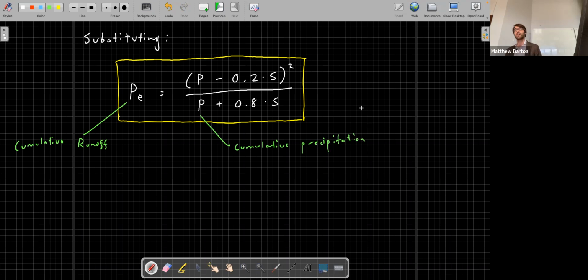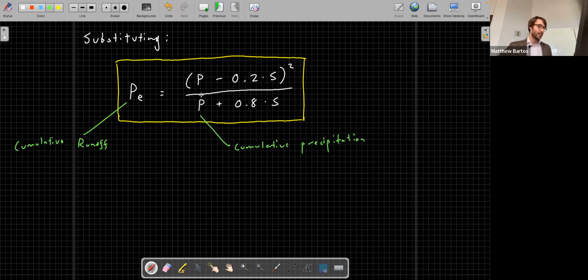For instance, if you have a rainfall that drops 1 inch of water, your P will be 1 inch. And this is dimensionally consistent, they'll both be in units of length.